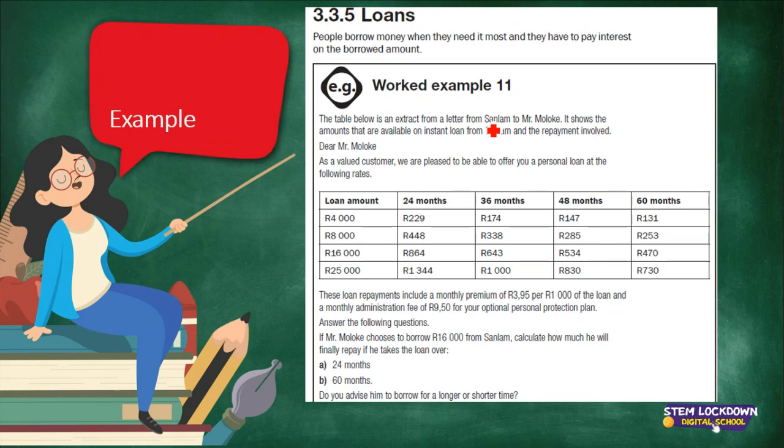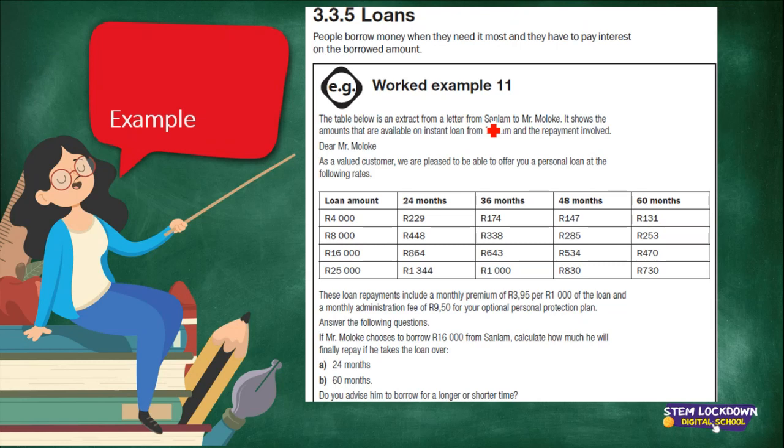It means for every 1,000 that he borrows, he has to pay a monthly premium of 3 rand 95, right? They tell us it is included, so the premium amount is included in that installment.